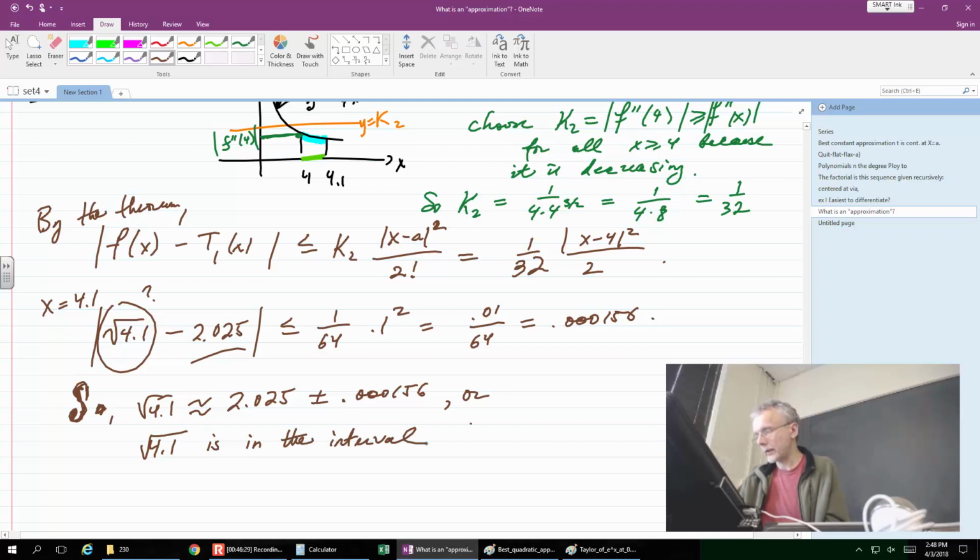Okay, let me carry this out. 2.025 minus 0.000156, and adding it, we get the interval. Okay, that seems reasonable.